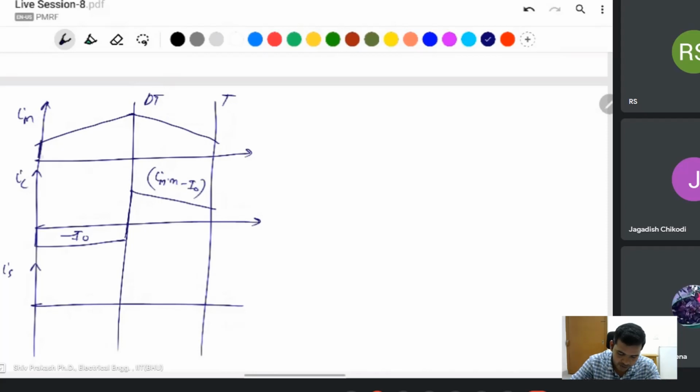It is approximately the same as the Im when the switch is on. The remaining time will be 0.